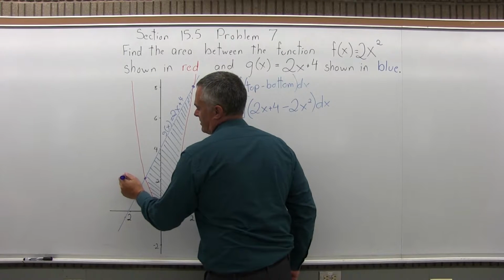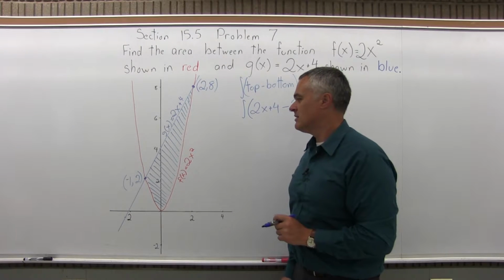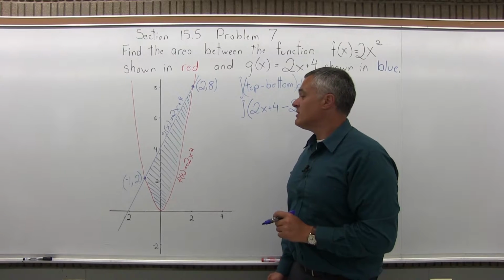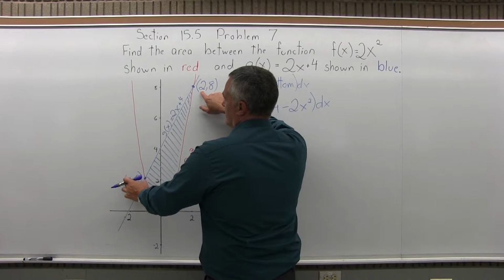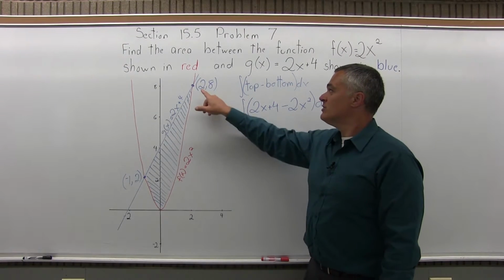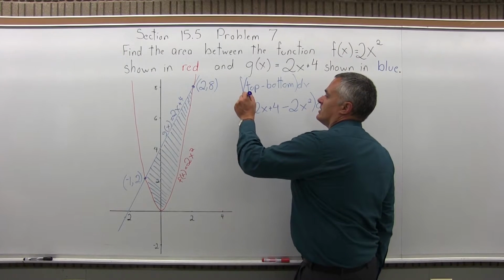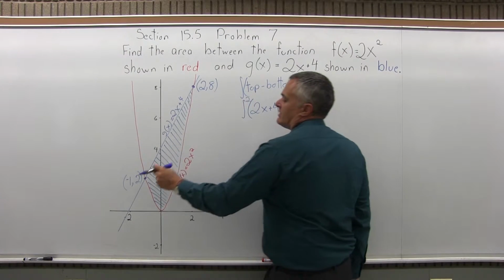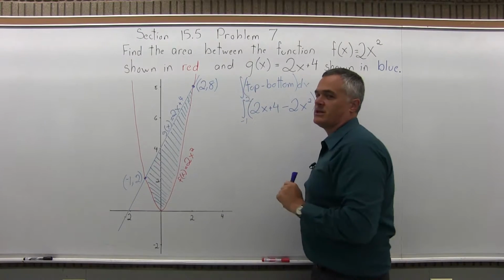So the back one, you have to be careful. It's minus 1 for the x and up 2 for the y. Now with our limits of integration, it's going to be the x coordinates. The y's don't matter. Our limits of integration are positive 2 and negative 1. You want the larger of the two values, the positive 2, to be the upper limit, and the smaller, the minus 1, to be the lower limit.